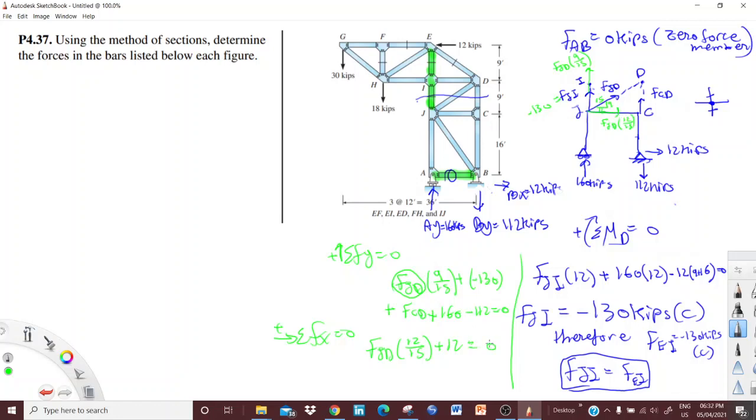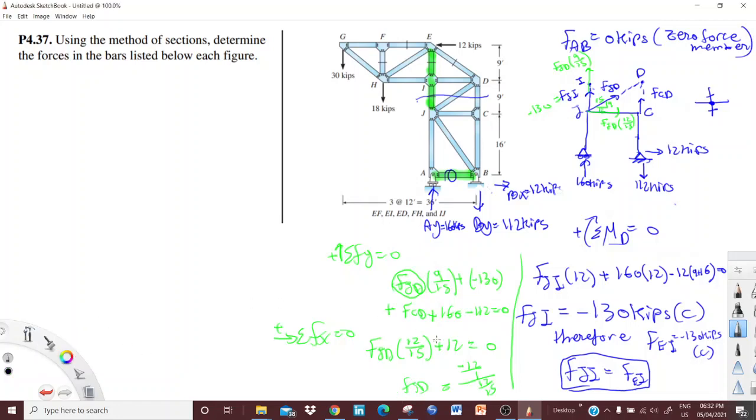Therefore, minus 12 over 1, which is equal to 12 over 15, equal to FJT.